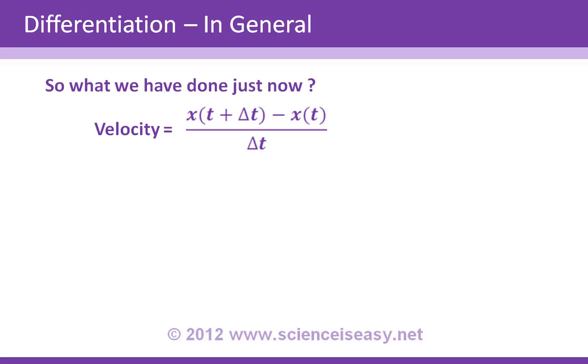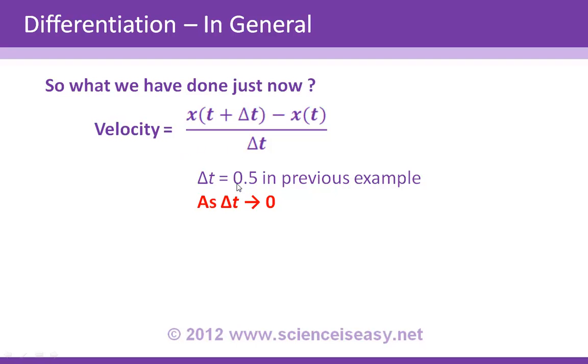What if I reduce the value again, make it 0.4, 0.3, 0.1, 0.001? If I do so, suppose I am taking it very small, then both numerator and denominator will always tend to 0, as you can see from this equation. At that condition, the velocity I have found out will be very accurate.